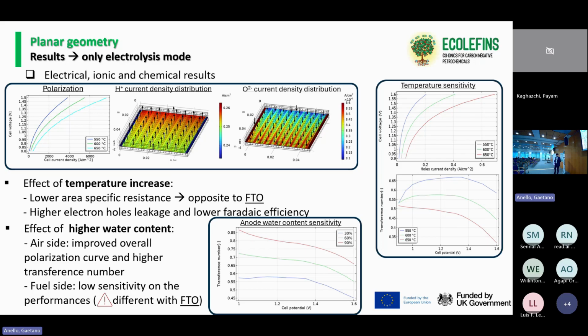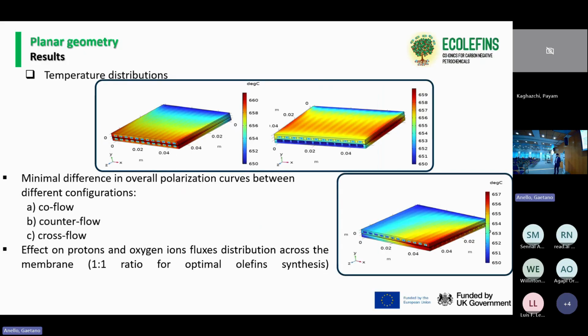In addition to the sensitivity and the performance according to different operating conditions, the geometry can also be very important, especially when reactions are performed, because of the high exothermicity and endothermicity, so in general the thermal management inside of a cell.